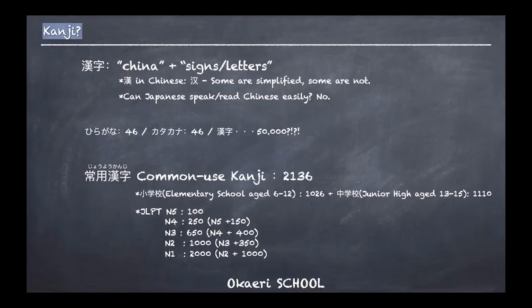As you can see here, 常用漢字, common use kanji, so regularly used kanji. The government has picked 2,136, which we learn when we are aged 6 to 12.